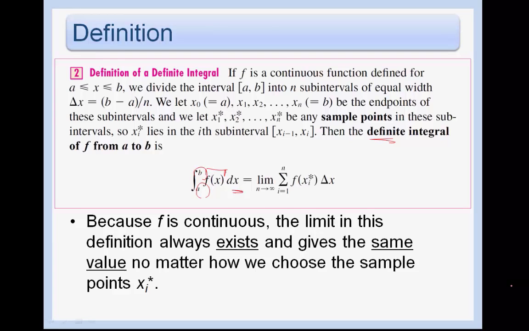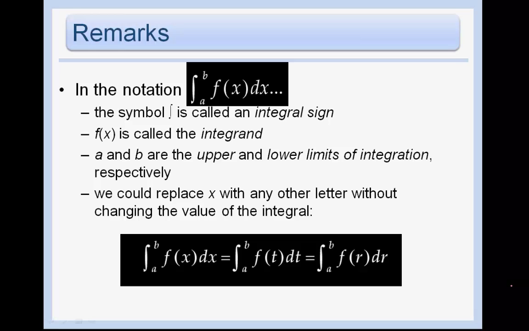So just more notation, the squiggly is called the integral sign. F of x is the integrand because it is what we're finding the area under. Basically, we want to find the area under the f of x curve. So this right here is our integrand. It's saying take the integral from a to b of f of x with respect to x.